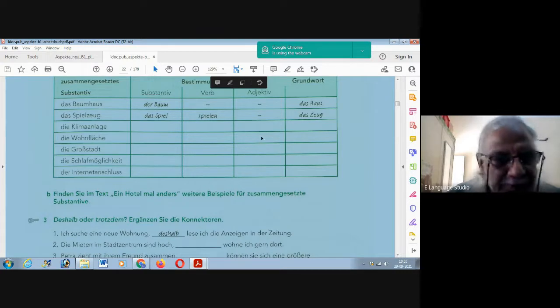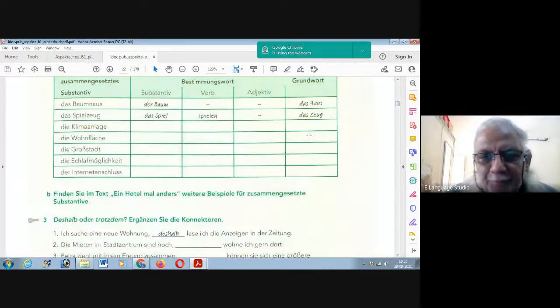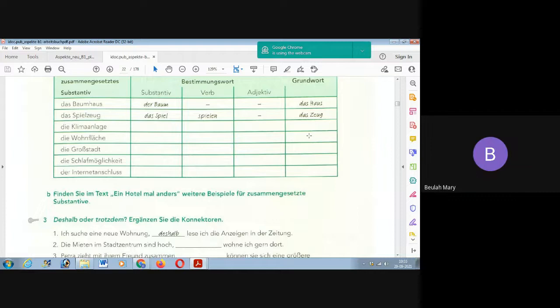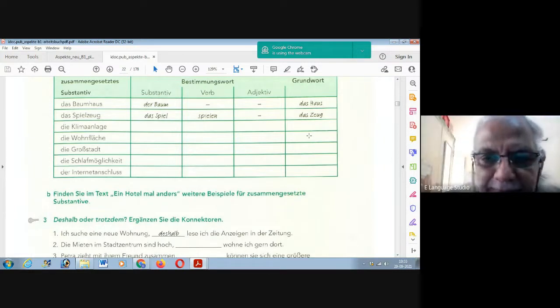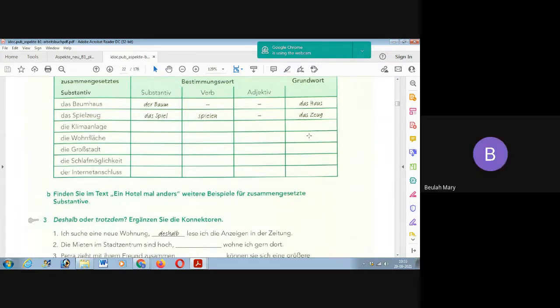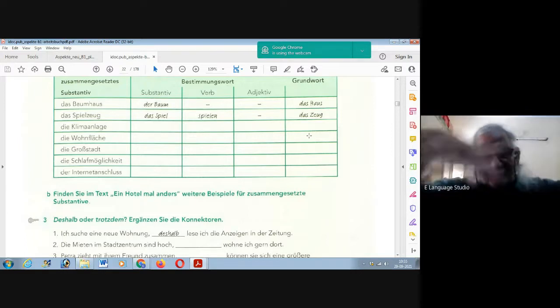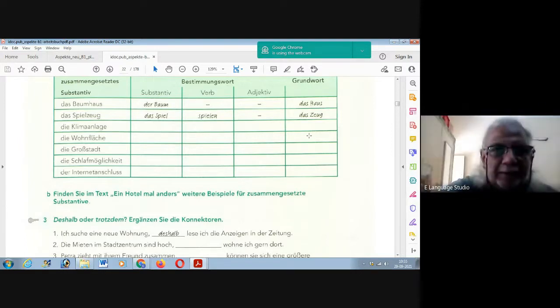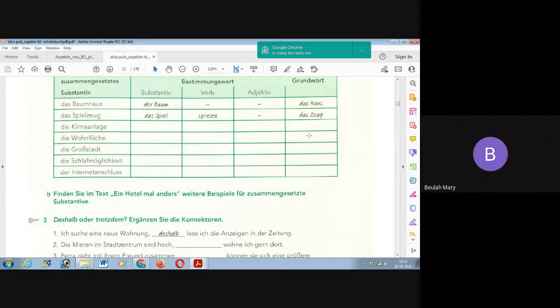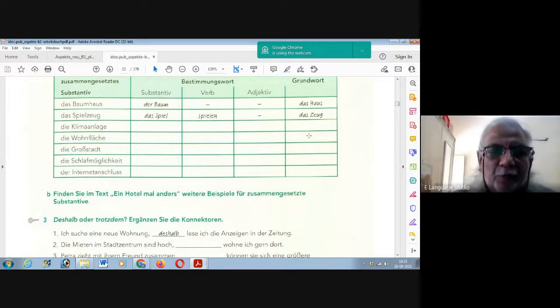Nein, gibt es nicht. Okay. Und Grundwort, die Fläche. Was bedeutet Fläche? Area, surface. No, Bereich no. It's the surface basically. Oberfläche zum Beispiel. So the surface, the area of the apartment. Die Fläche der Wohnung. Wohnfläche. Living area.